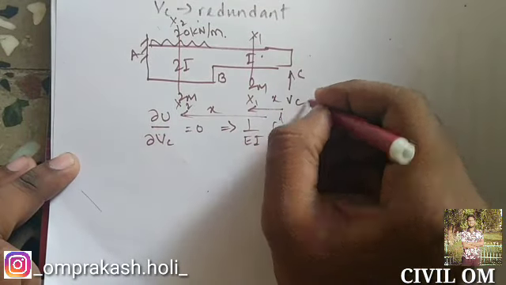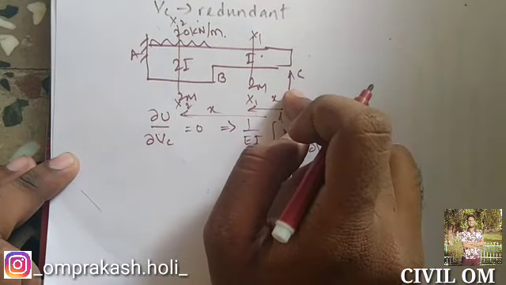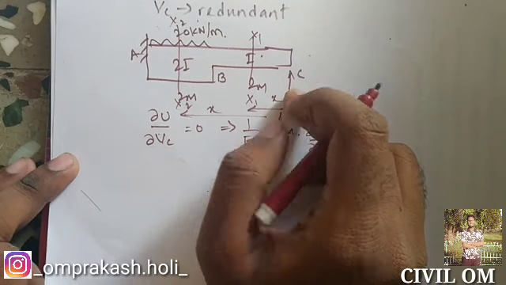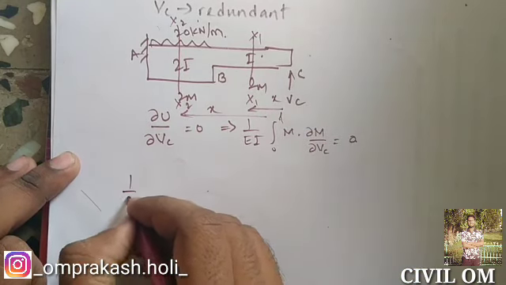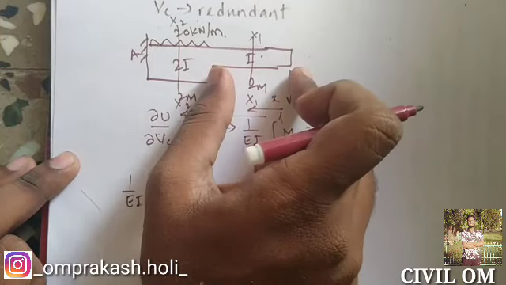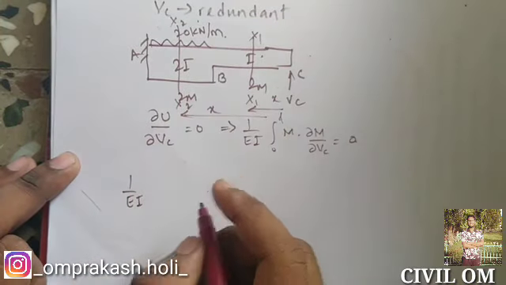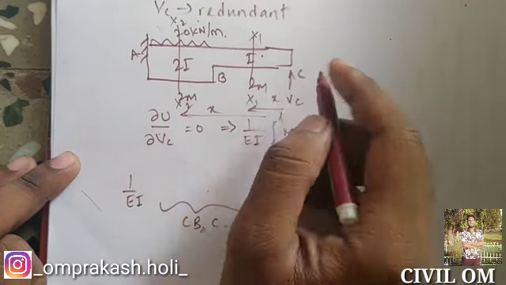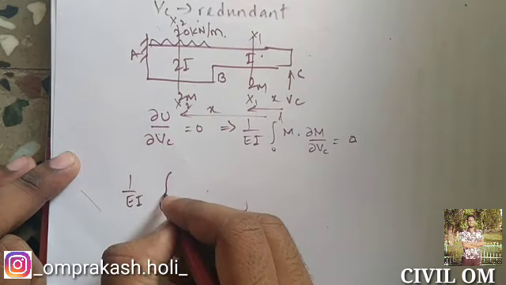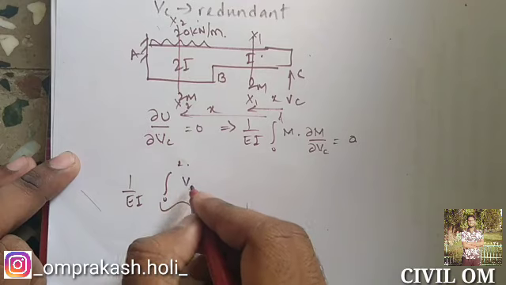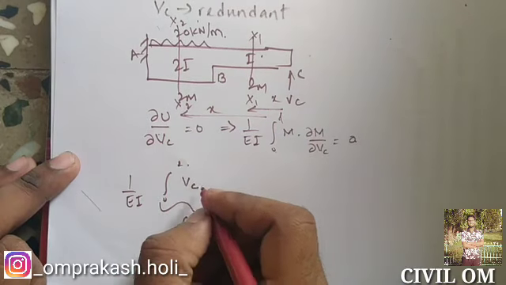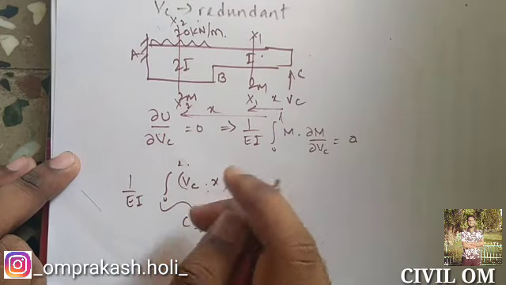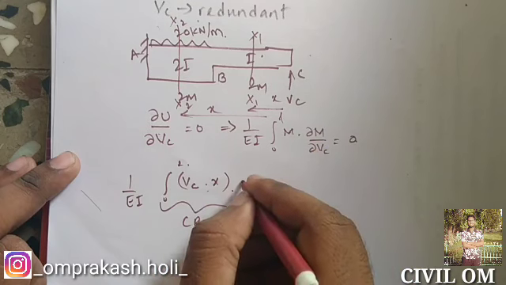After considering VC as redundant, we'll consider the portion CB considering C as origin. So what are the limits? 0 to 2.